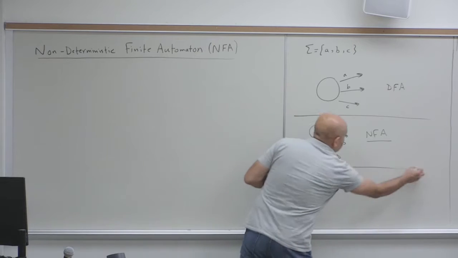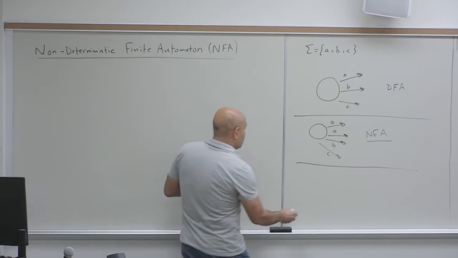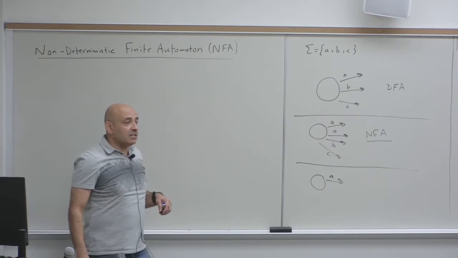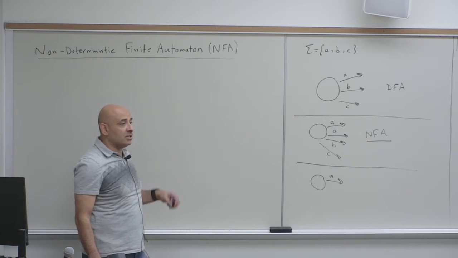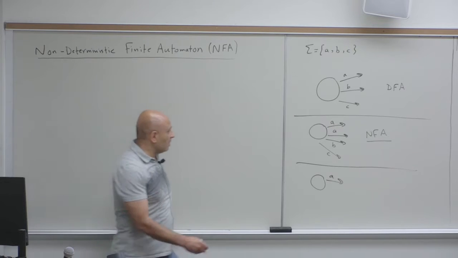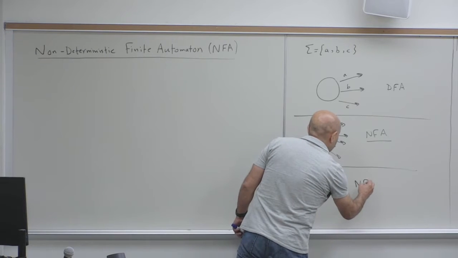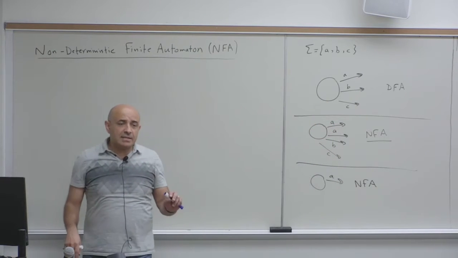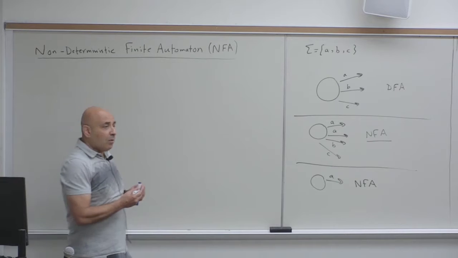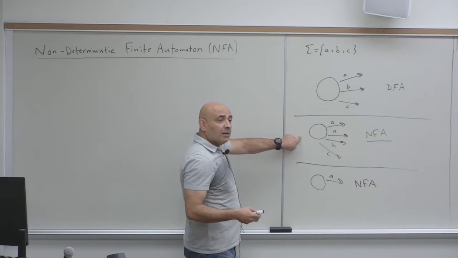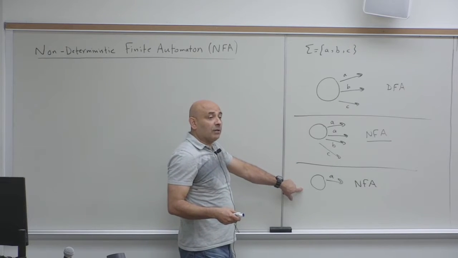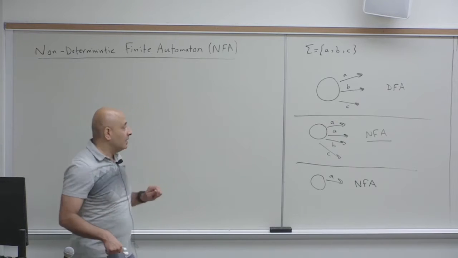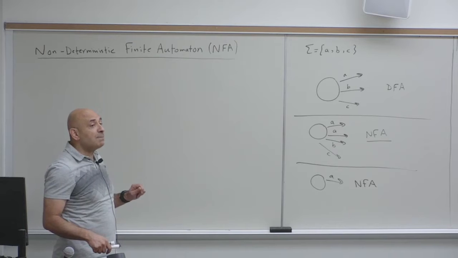Another possible violation of the DFA property is having something like this. There is a transition only for A, and there are no transitions for B or C. So this is also an NFA, not a DFA. Why would this work? We'll see an example. When we see the example, we will know why this can be useful, and why the third violation can happen, which is having epsilon transitions.